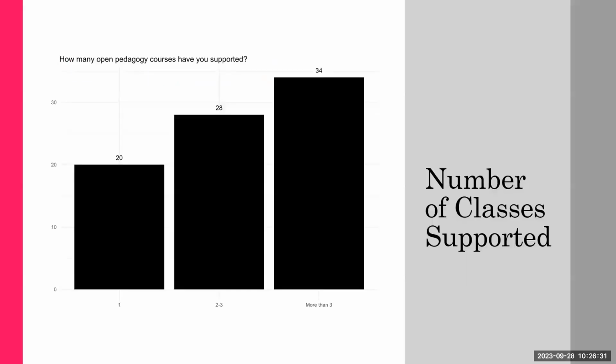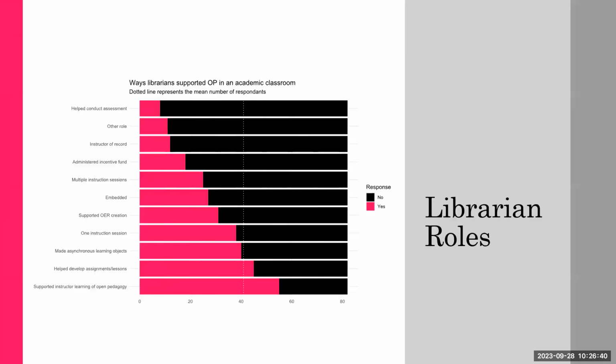As you can see from this figure, most respondents, 76%, reported supporting 3 or more courses, which we found promising. When we asked them how they've supported open pedagogy in the classroom, we gave them multiple choices to choose from.